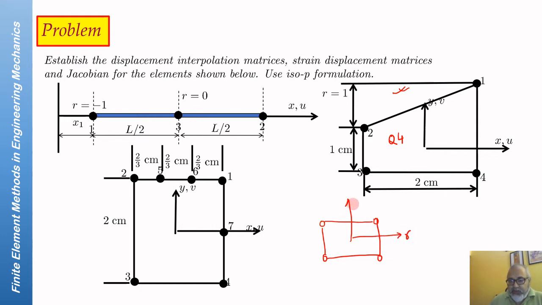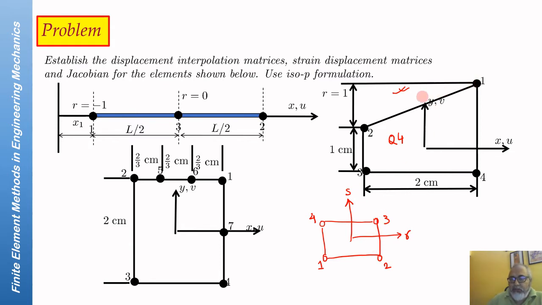This is R, this is S. And now if you remember, in our parent we had numbered the nodes as 1, 2, 3 and 4, but we have also figured out that in the physical space, in the one-to-one mapping, 1 will map onto the node at the bottom left corner, 2 will map to the bottom right corner, 3 to the top right corner, and 4 to the top left corner. So that's what is going to happen.